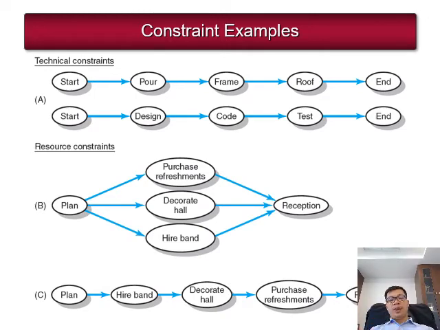For the resource constraint, like we plan and then do these three jobs in model B: purchase refreshment, decorate hall, hire band. But naturally, the resource can start one by one, like in model C: plan, hire band, decorate hall, purchase refreshment, and then reception. It looks like a party or something like that.